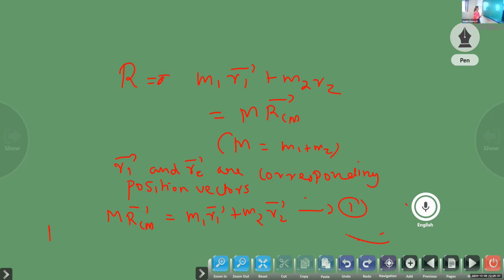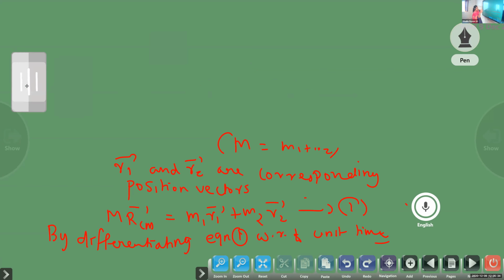Next step, by differentiating equation 1. Now what I told you, velocity is change in position. By differentiating equation 1 with respect to unit time, we can get it.